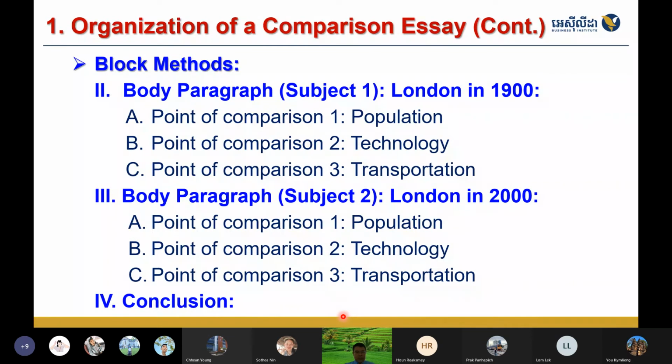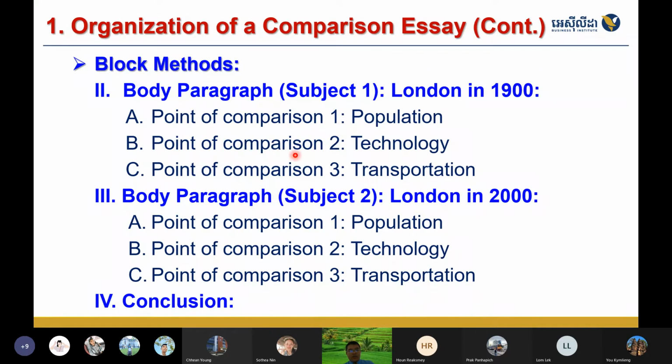Block method. Body paragraph, subject 1: London in 1900. A, point of comparison 1: population.